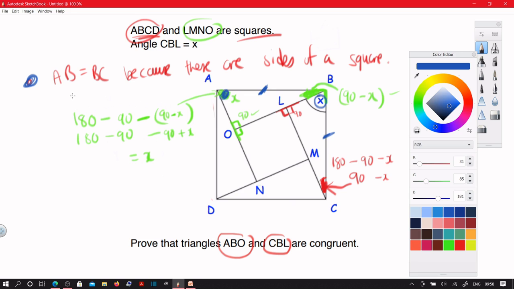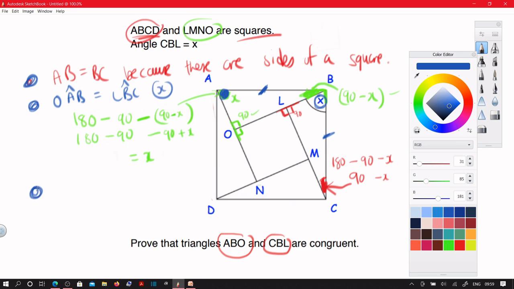So we need to say angle OAB, which is this one, is equal to angle LBC. Angle A, that one, and angle B, right there, are both equal to x.